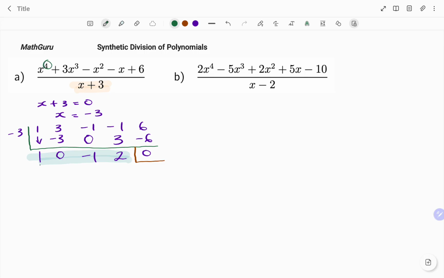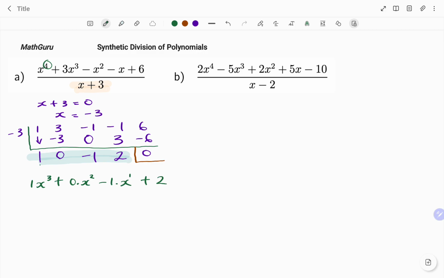Then using the first coefficient, that's 1. So I have 1x to the power of 3 plus the next coefficient is 0. So I have 0 times x to the power of 2. Then I have negative 1 times x to the power of 1 plus my constant term, that's 2. Why? Because x to the power of 0 will still give me 1.